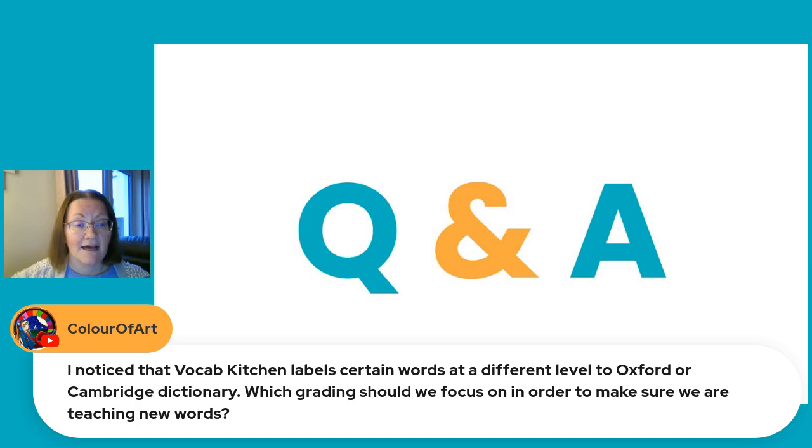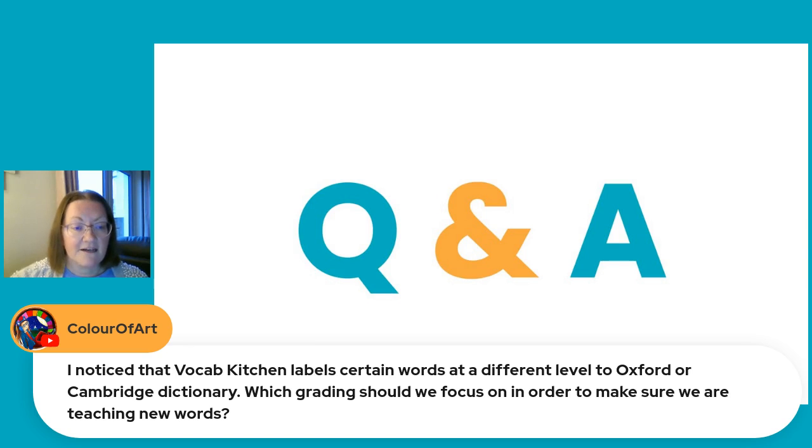So when you copy and paste your text into Vocab Kitchen, select CEFR. You'll see a row of buttons, but you need to select CEFR, the Common European Framework of Reference. That will tell you if a word is, for example, A2, B1, B2, C1. So that's what you need to go for.